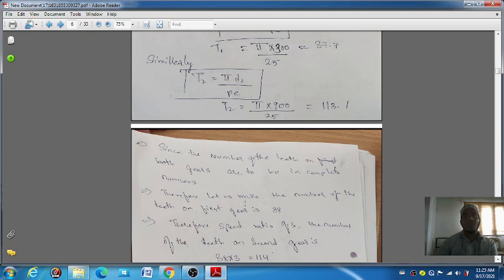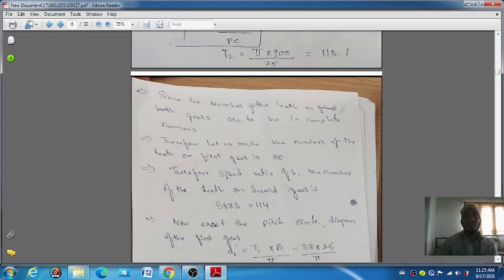Therefore let us make the number of teeth on the first gear 38, since it is above the 0.5 value, and the other is 38 into 3. So we get 38 into 3, which is total 114. Just now we found that the value was incomplete teeth.